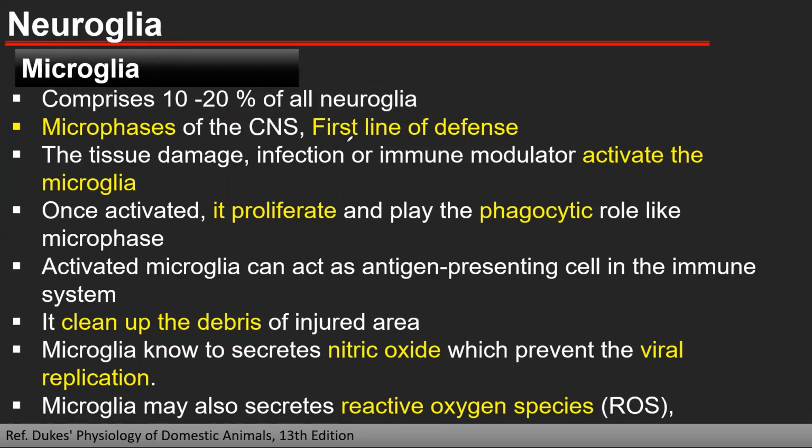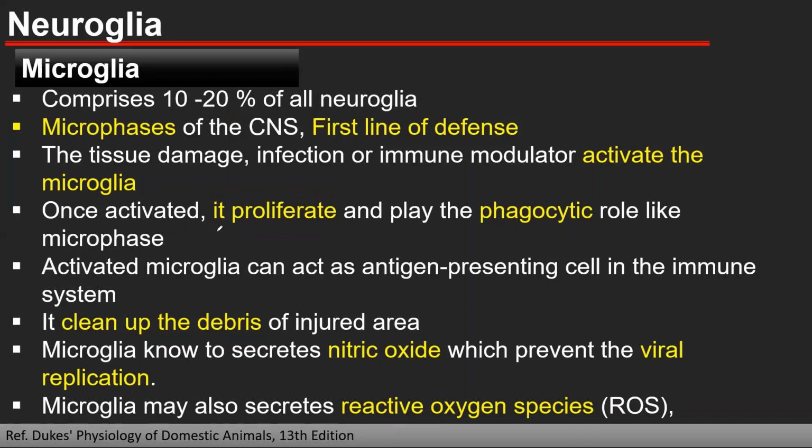So to activate these cells, the infections, immunomodulators, or the damaged tissue can activate the microglia. And once the microglia is activated, it proliferates and acts in a phagocytic role like macrophages.